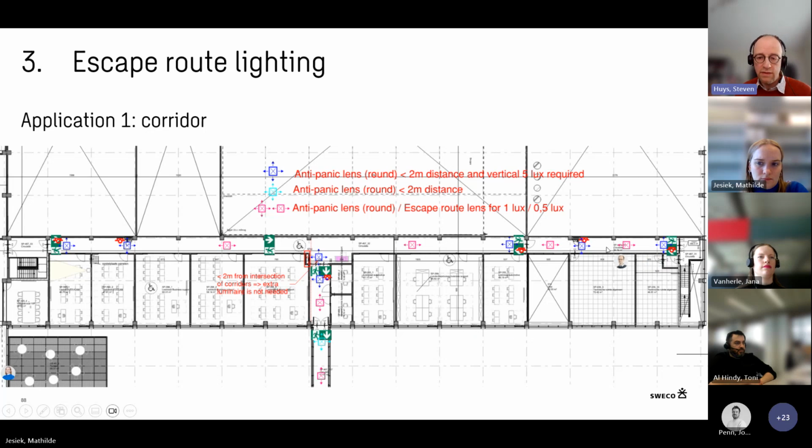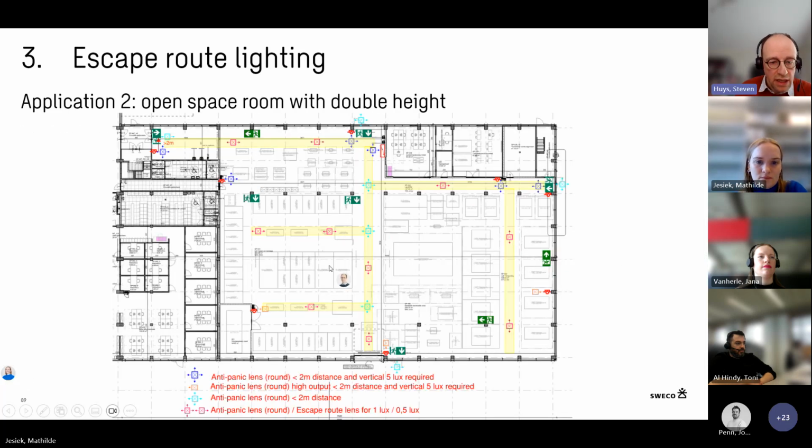You just fill the gaps in. Then for the other application, for the escape routes, the yellow paths, we just fill it in as in the previous example. You could use the escape route lenses for all of it. Then you make sure that you have the one lux on the yellow escape route paths.